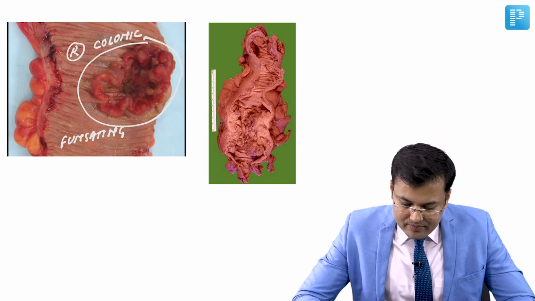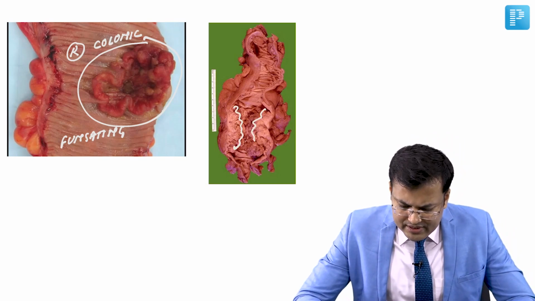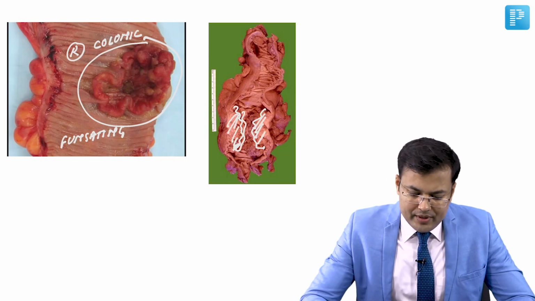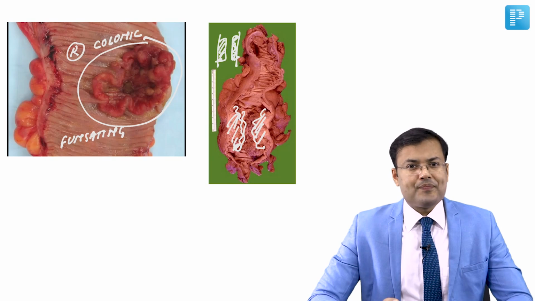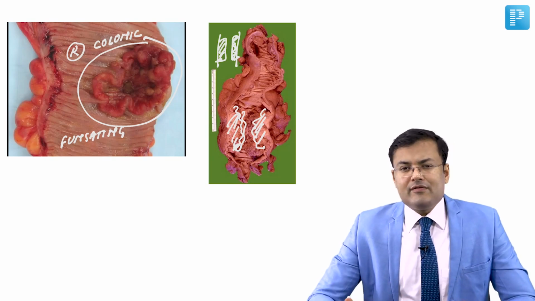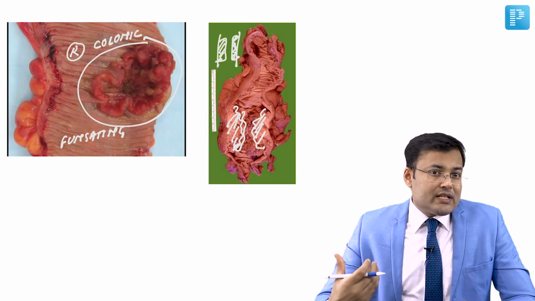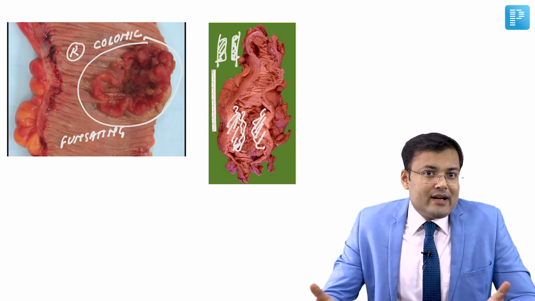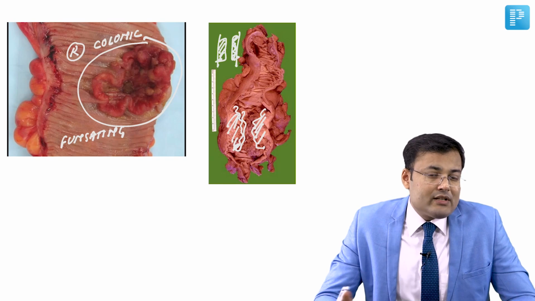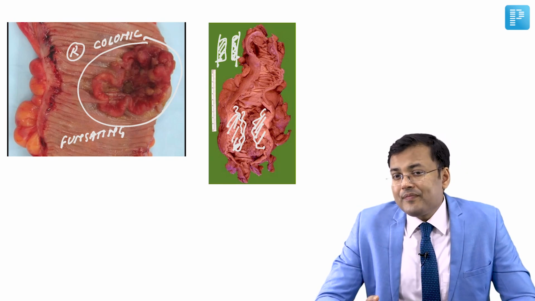Now see this patient. This patient has an annular or stenosing growth. So this is the colon, and this kind of growth is there. This is annular or stenosing. What is the difference between right and left colon? There is progressive narrowing of the colon from right to left side. So obviously the widest part of the colon is the cecum, and the narrowest part is the sigmoid.